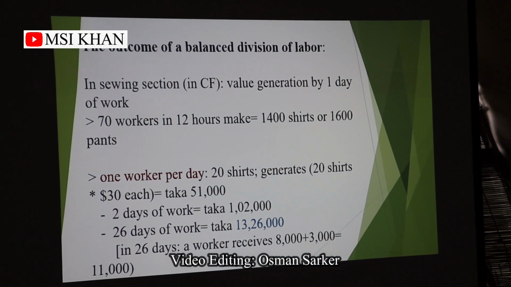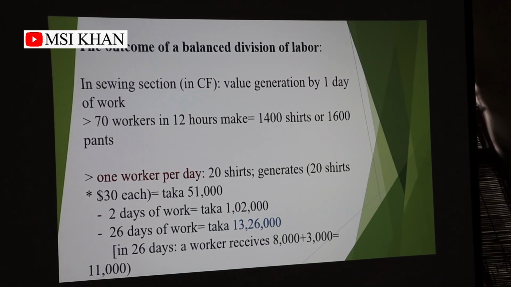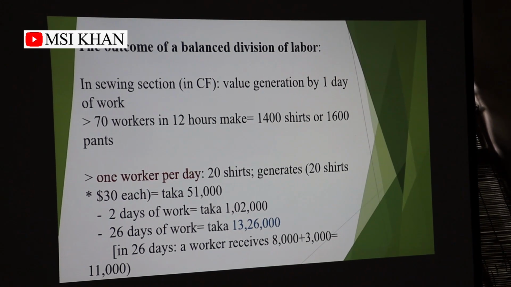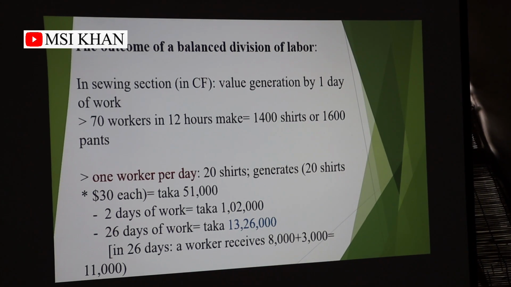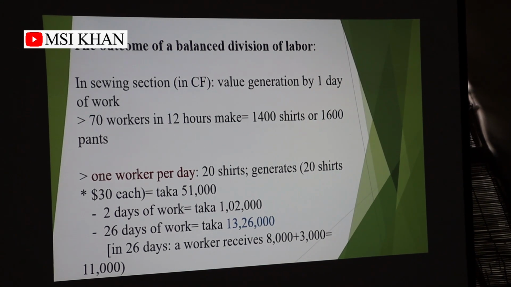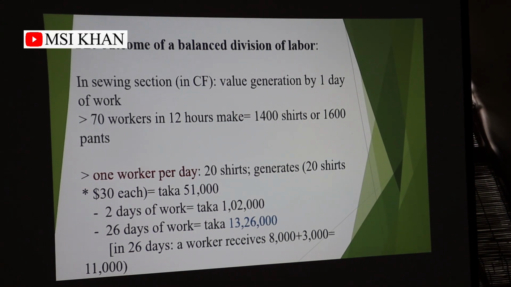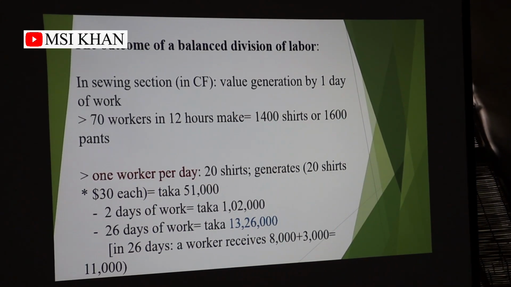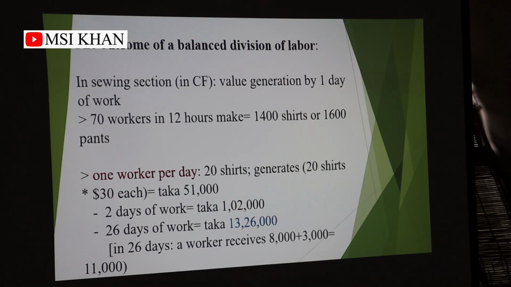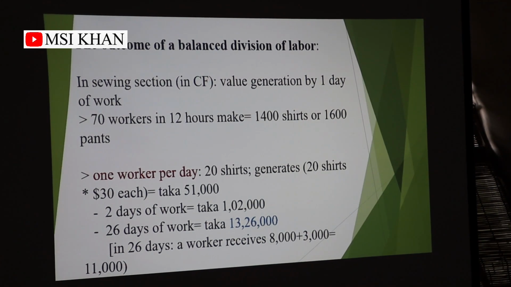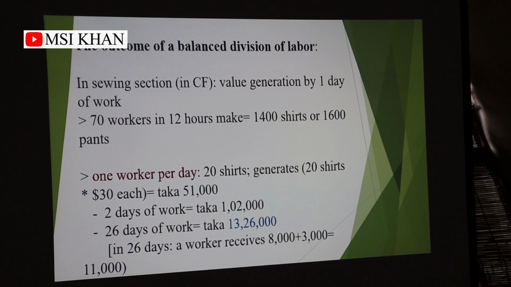Outcome of a balanced division of labor. Now see the exploitation. In a swing factory, like a compliant factory, 70 workers in one day on one shop floor are producing 1400 shirts or 1600 pants. Now how to understand this? One worker per day can produce 20 shirts.